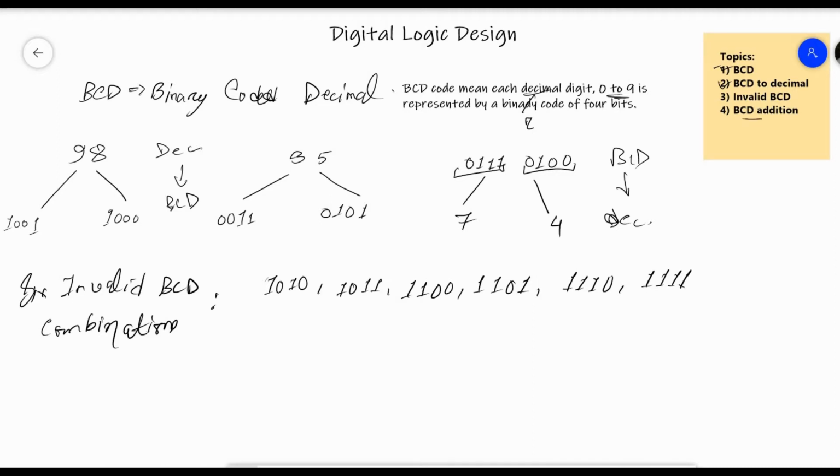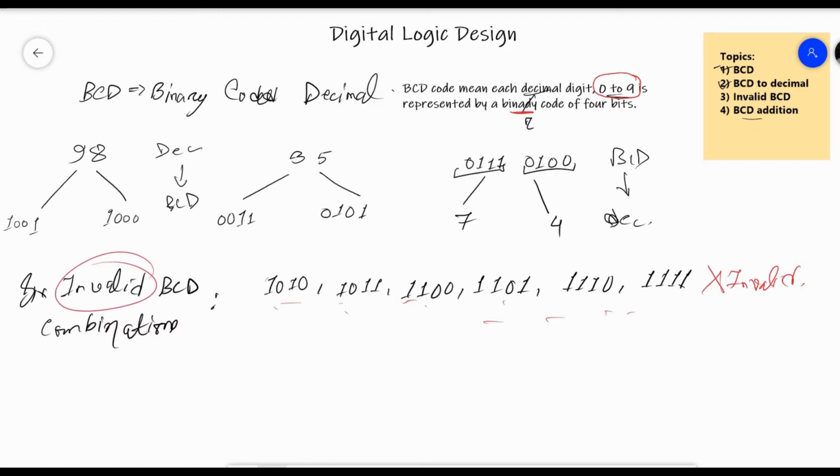If we convert them to their corresponding decimal values, we get 10, 11, 12, 13, 14, 15. So you see here, we are using 0 to 9, which is represented by its binary code. After 9, all these are considered to be invalid. You will understand the concept of invalid BCD when we perform BCD addition.